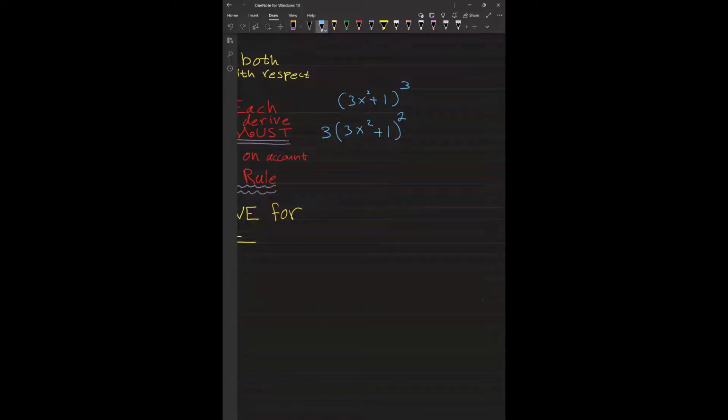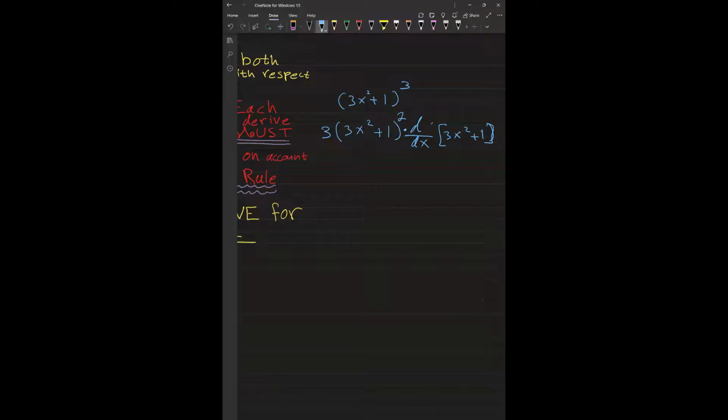Are we done here? No, we're going to take the derivative of the inside. That is exactly what the chain rule says. The derivative of the inside, 3x squared plus 1, would give you 6x, right?